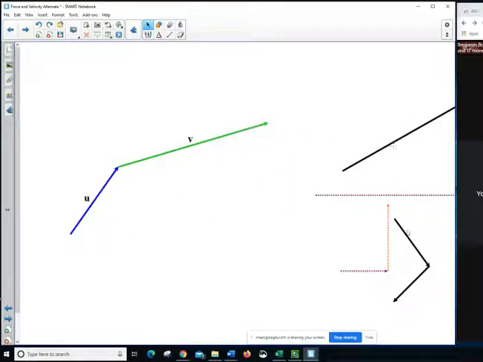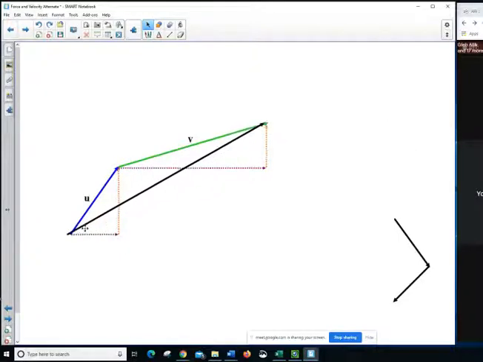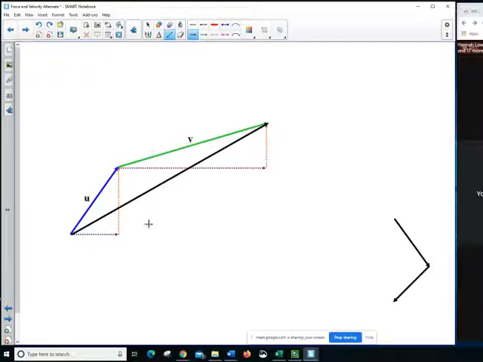Well, what's often done in physics, and this is certainly very useful when you're dealing with several forces, is to break up each of the forces into vertical and horizontal components. So now when you look at the resultant, you realize, hey, that's the same as taking the horizontal component of the first and adding the horizontal component of the second.